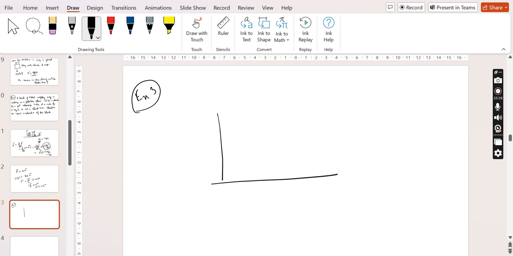Sometimes in exams, this kind of graph is given. On one axis it is velocity, meter per second. The other axis is time.